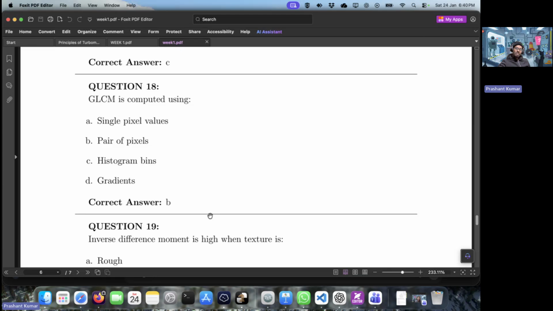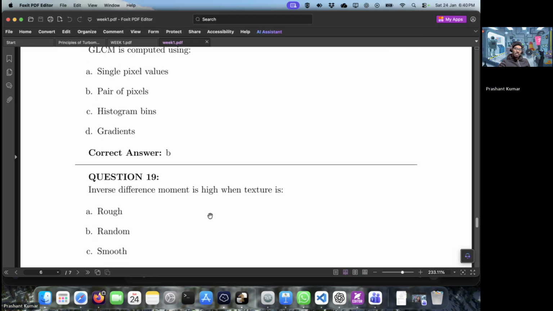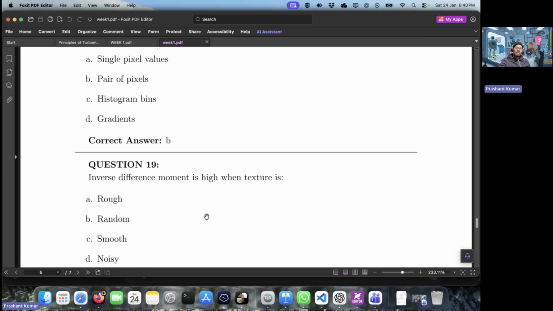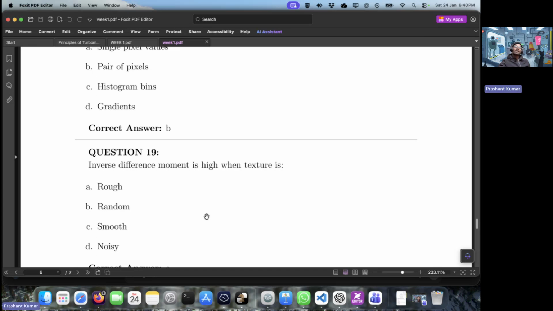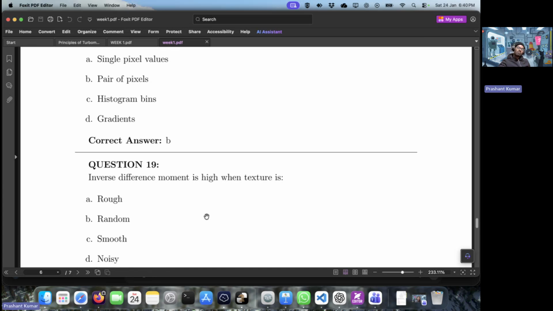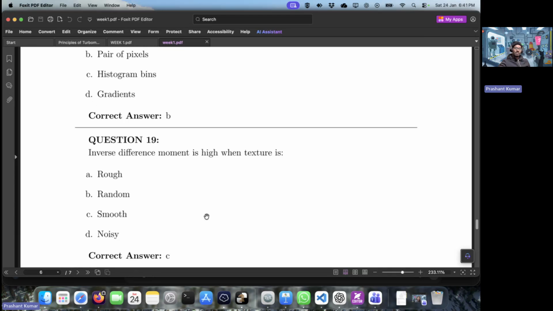So the inverse difference moment is high when the texture is smooth. When it is smooth, the i minus j will become 0, and in that case, the inverse difference moment will become infinite. So option C should be right.